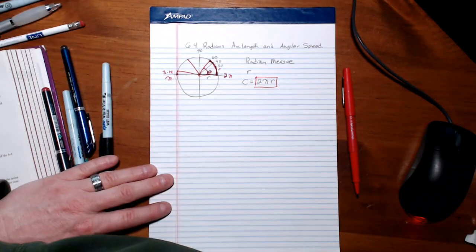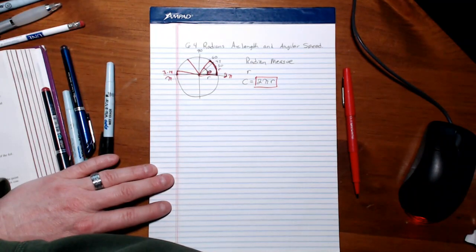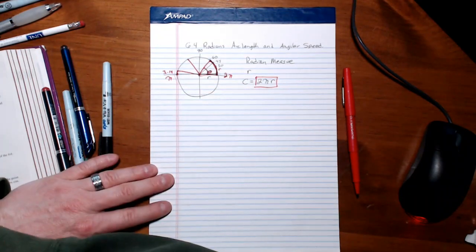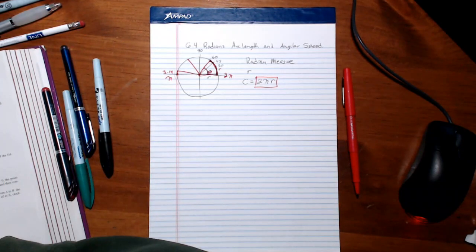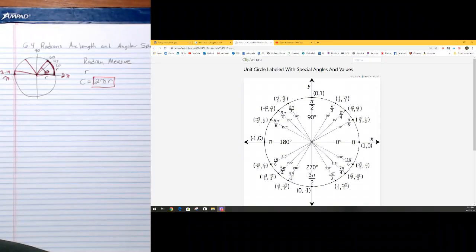radius. Now, the advantage of doing angles using radian measure is that it makes some calculations that we have later on a whole heck of a lot easier. But let me show you how these radians stack up in comparison to degrees on a circle. Here we have a picture of our unit circle.